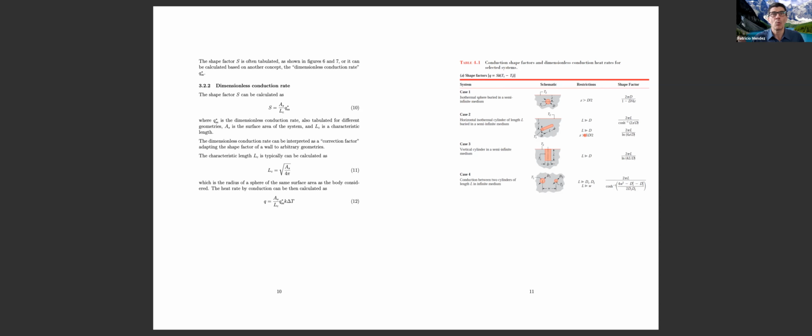We must check that that is true. In the case of a pipeline, that's pretty much trivial. The pipeline is 100 kilometers versus 30 inches, but it's not always the case, and sometimes it's not obvious. So we must check the restrictions before we use each of these formulas that some saint did for us.